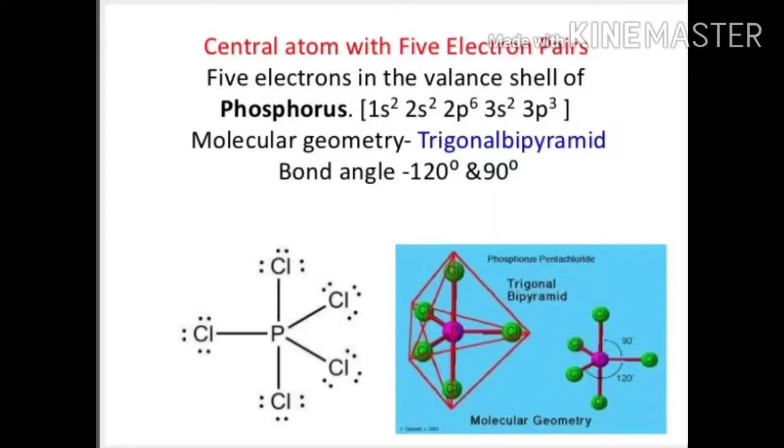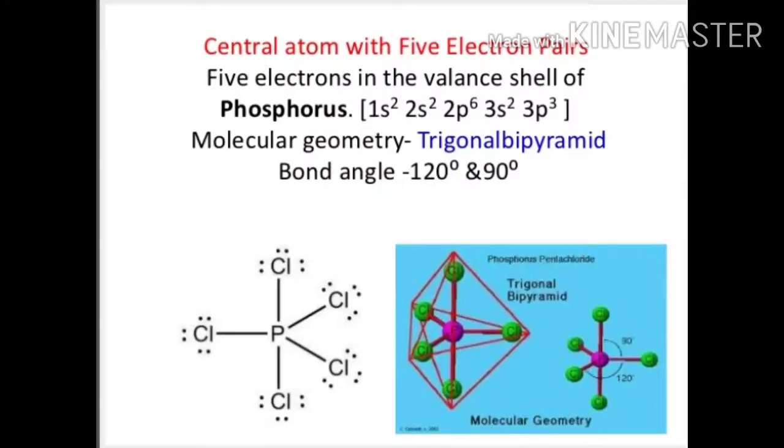Bipyramidal means there are 2 pyramids, one above the plane and one below the plane of the trigonal shape. Out of 5 chlorine atoms, 3 are at the equatorial or trigonal position. They are known as equatorial bonds, and the bond angle between equatorial positions is 120 degrees.